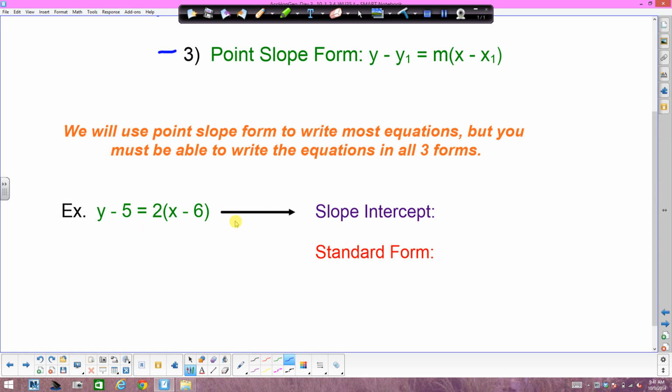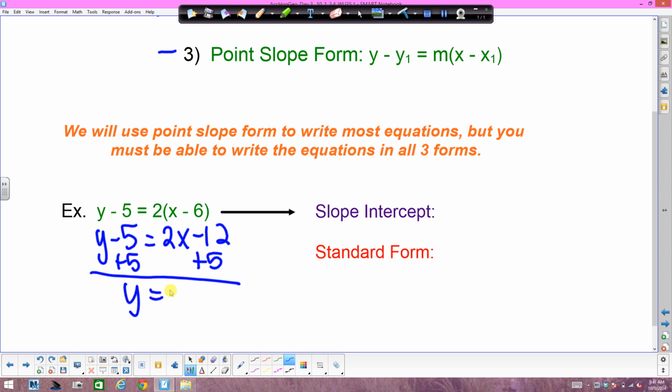So what I'm going to do is simplify this equation and basically solve for y. So we'll have y minus 5 equals 2x minus 12. And then I will add 5 so that y is on a side by itself. So we're going to have y equals 2x minus 7. So that is now in slope-intercept form.